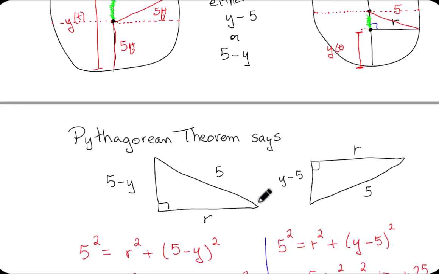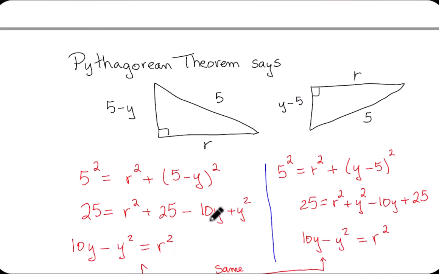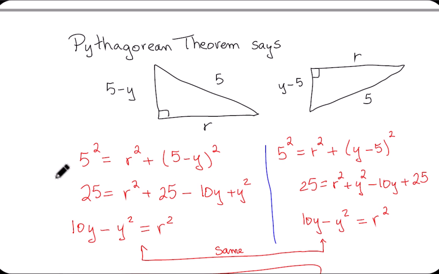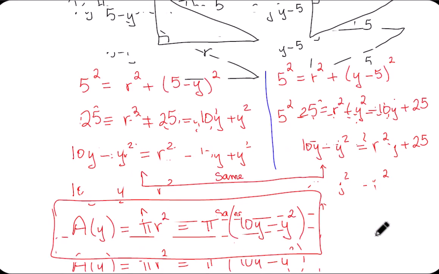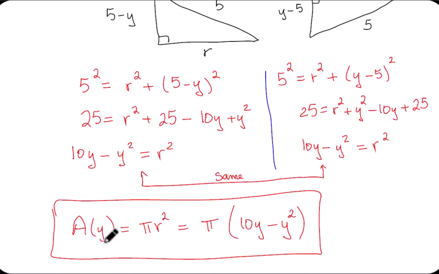The Pythagorean theorem will give me some information about r. I compared by doing it either way, and in either way I get the same formula for r. So A of y is pi r squared, my cross-sectional area.